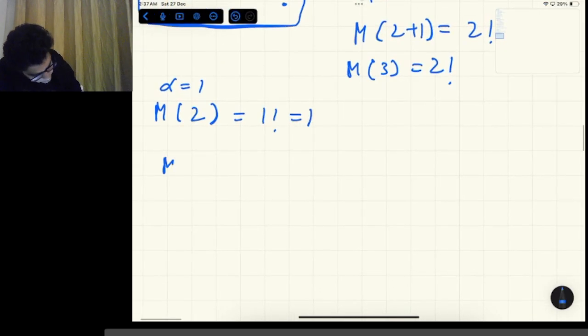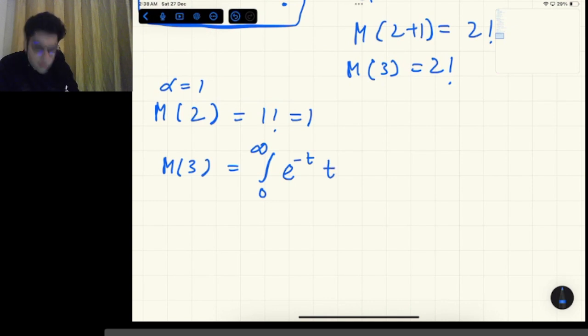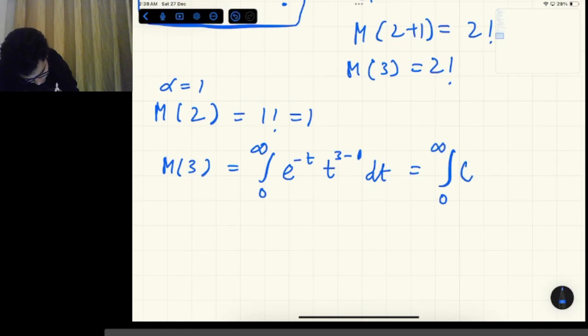And what does m of 3 mean? m of 3 simply means when I have the integral of e to the power minus t, t to the power alpha minus 1 should come here, right? So alpha is equal to 3, so this becomes 3 minus 1. This should be alpha minus 1, right? So this becomes the integral from 0 to infinity of e to the power minus t, t to the power 2 dt.